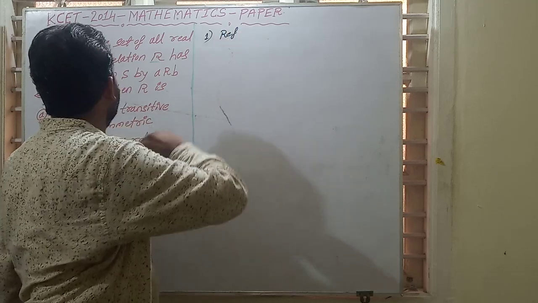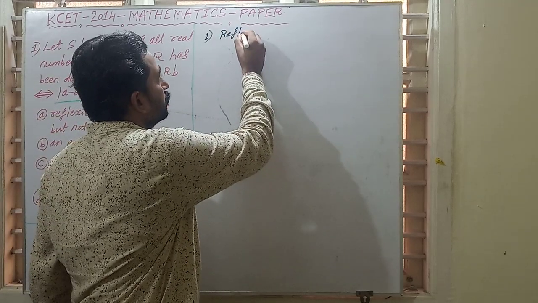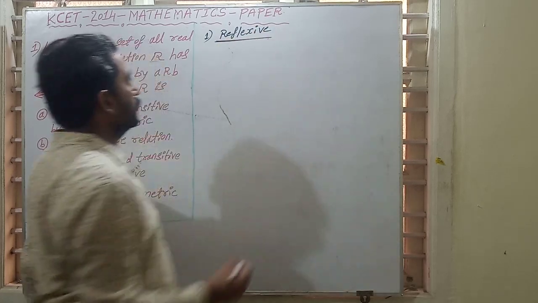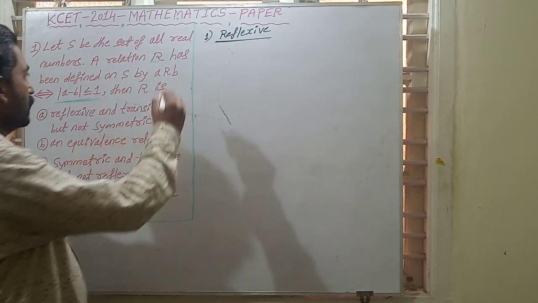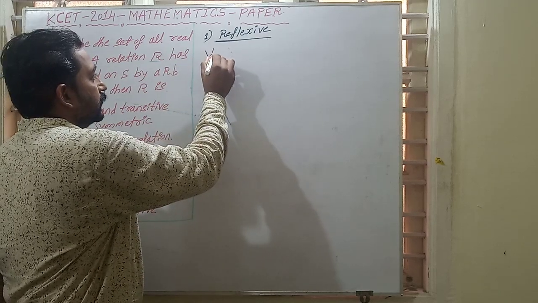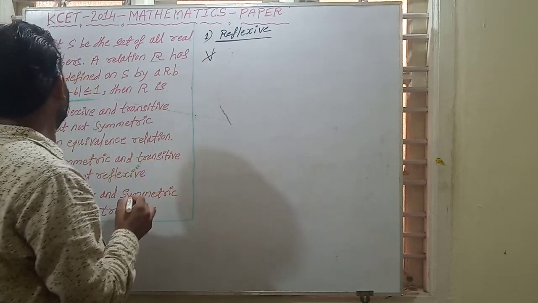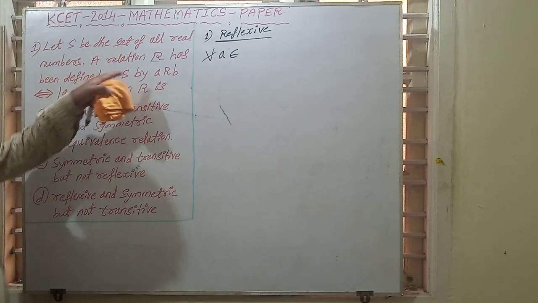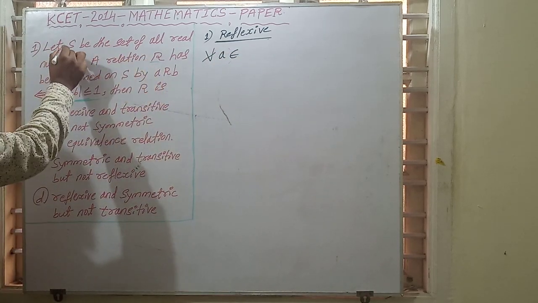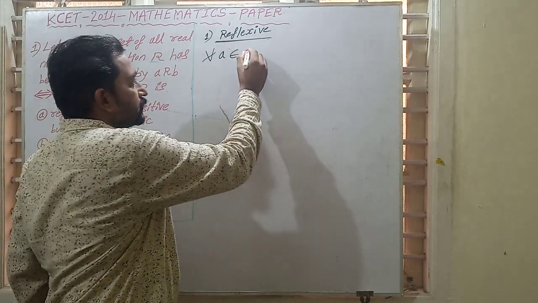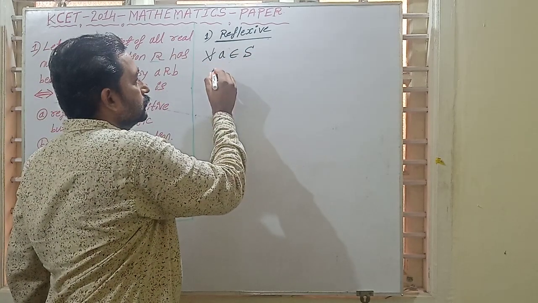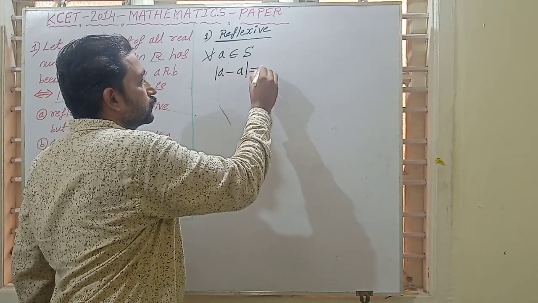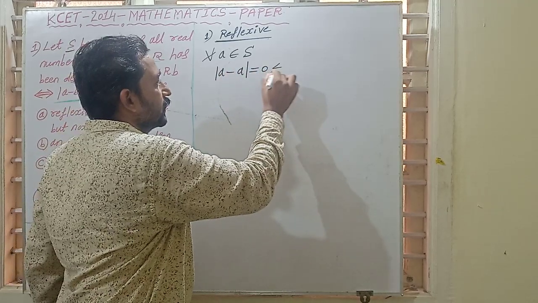Reflexivity of the relation. So we know that for a reflexive relation, for all A belongs to the set S, because the relation is defined on the set S, modulus of A minus A is equal to 0, and 0 is less than or equal to 1.